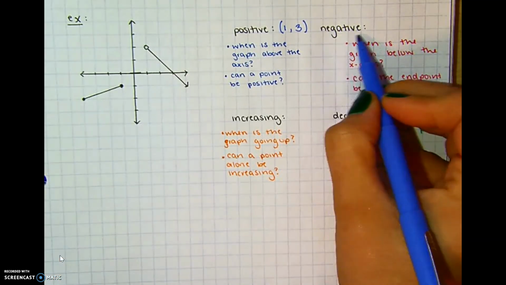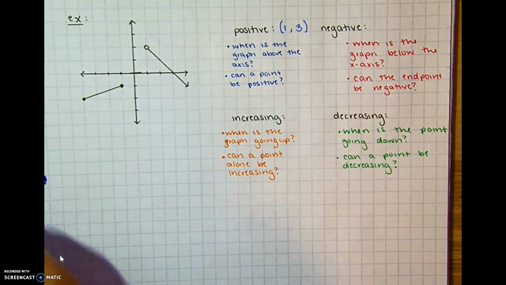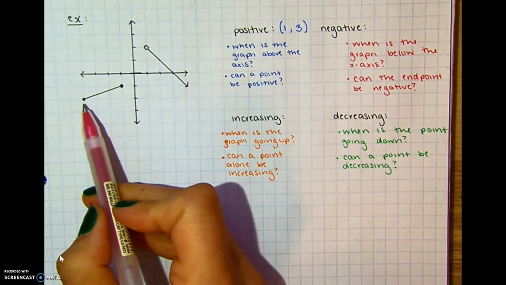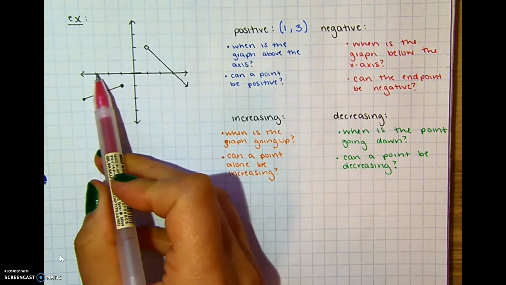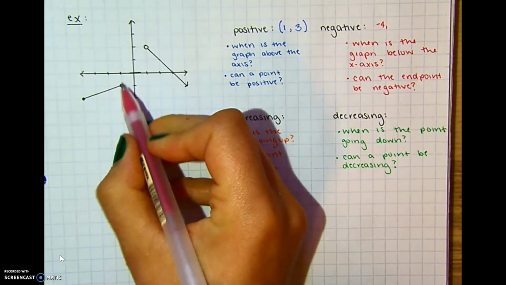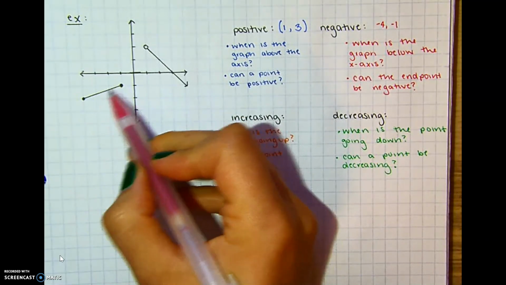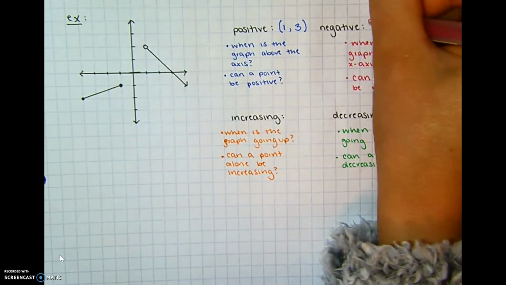Okay, now when is it negative? So it's negative when it's below. So we're below from 1, 2, 3, 4. So from negative 4 to negative 1. And those points are negative, so we're going to use hard brackets.